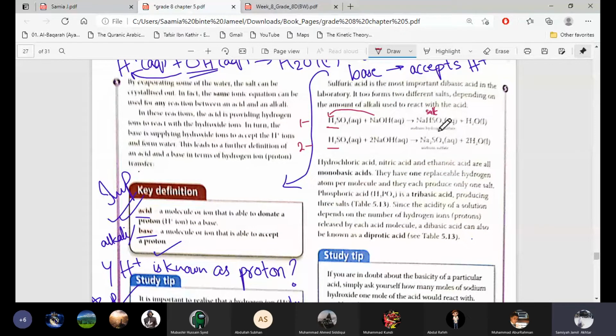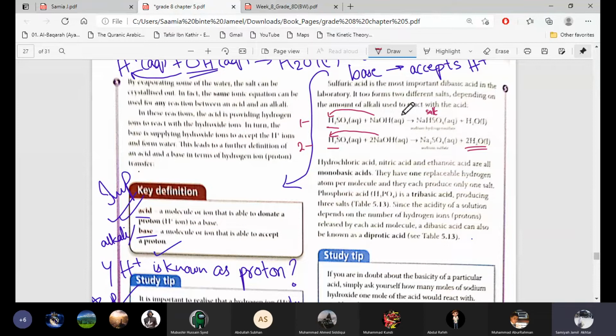And if the sodium replaces both of these hydrogens, then it will be simple sodium sulfate, no hydrogen. All the hydrogens will come out and form water. So these are two cases: two salts can be formed, if the sodium replaces all of the hydrogen or only one hydrogen, and it depends upon the amount of alkali which is used.